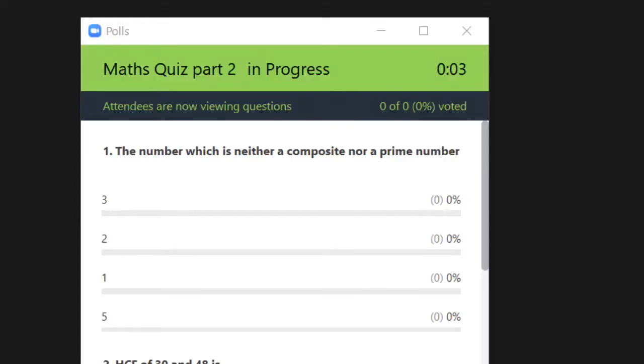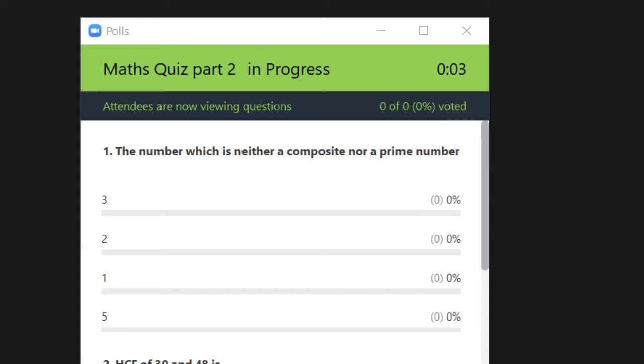Second round of today's quiz. In this round also, we will have 5 questions. So when I say start, the question will be there on your screen. Second round, first question. The number which is neither a composite number nor a prime number.